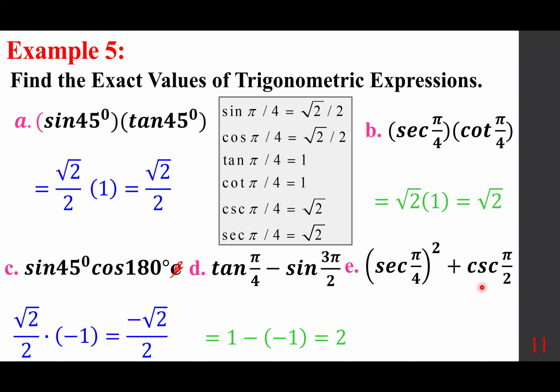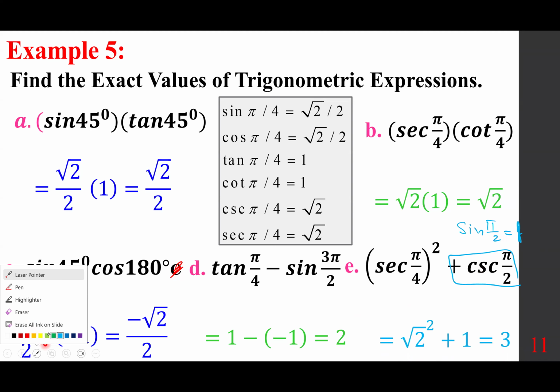Remember, sine squared is 1. If sine squared is 1, cosecant is the reciprocal of that, which makes it also 1. Now this one, square root of 2 squared, is 2, plus 1 is 3.